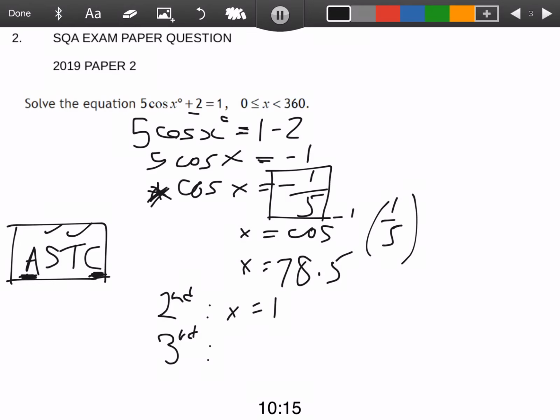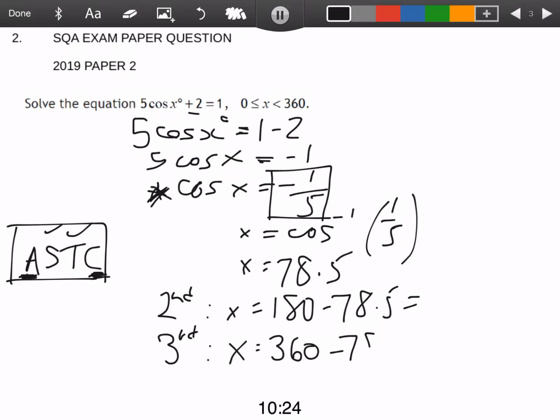Second quadrant answer, remember what we do, 180, take away the calculator answer. Third quadrant answer, 360, take away the calculator answer, okay? Doing them very quickly, 101.5. Again, I'll keep it to the 1 decimal place. 101.5 degrees, okay?